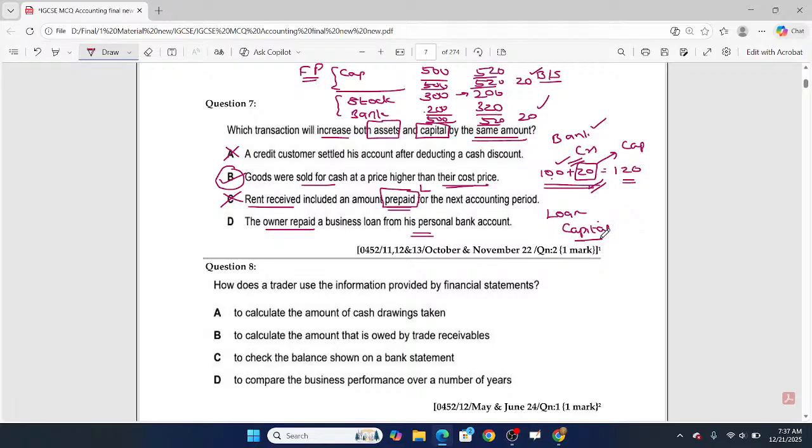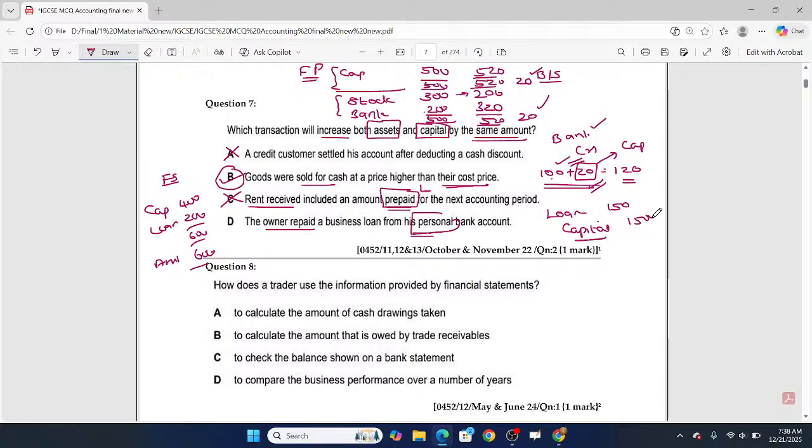Here also capital is increasing, but the question is, will it be the same amount? In your financial position statement, assume that capital is 400 and your loan is 200 rupees, total 600 rupees. Similarly, on your asset side, you have 600 rupees. Now imagine that a loan of 150 rupees is paid out of a personal bank account.